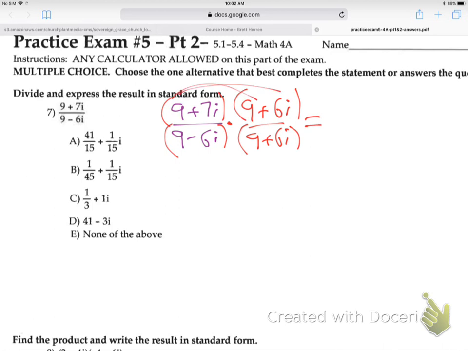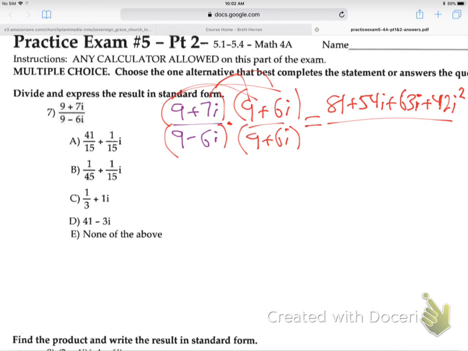And here we go. Boom, boom. 81 plus 54i plus 63i plus 42i squared over.